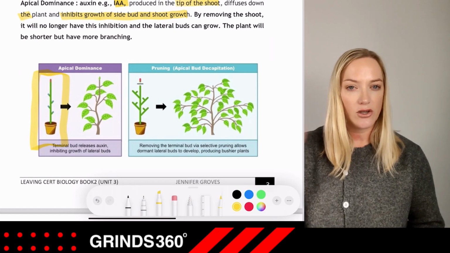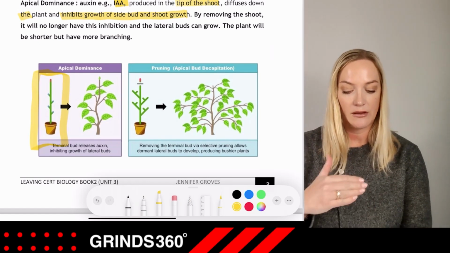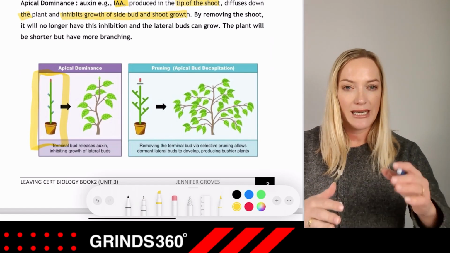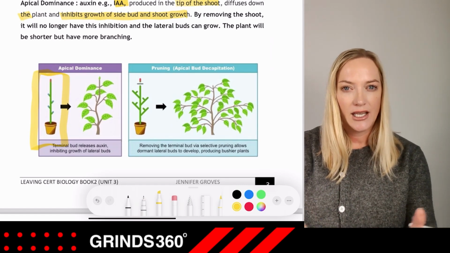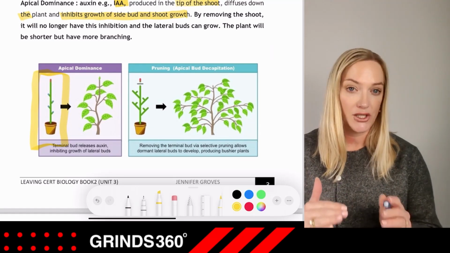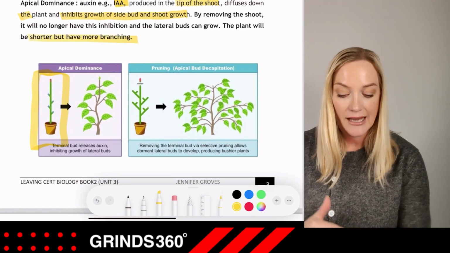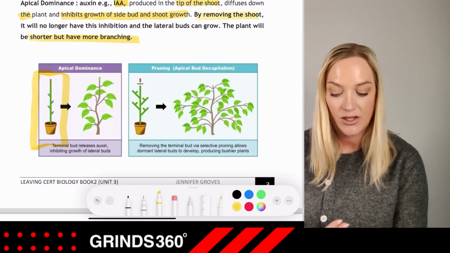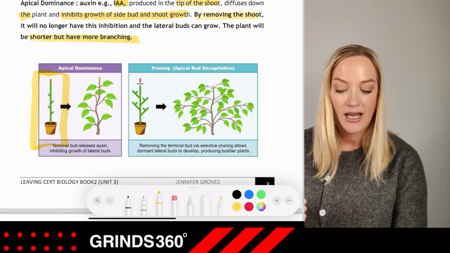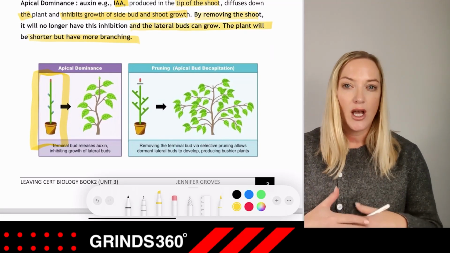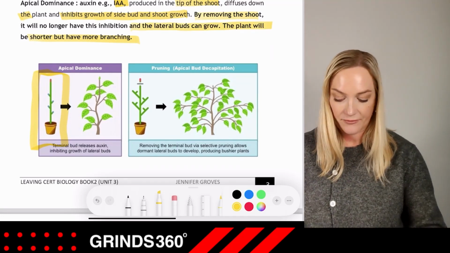But if we cut off the top, if we cut off the apical dominance by removing that part of the shoot, what will happen is we allow that IAA to diffuse into the side branches. So the plant might be shorter, but it will have more branching. By removing the shoot, it will no longer have this inhibition and lateral buds will be able to grow. The plant will be shorter, but it will have more branching.